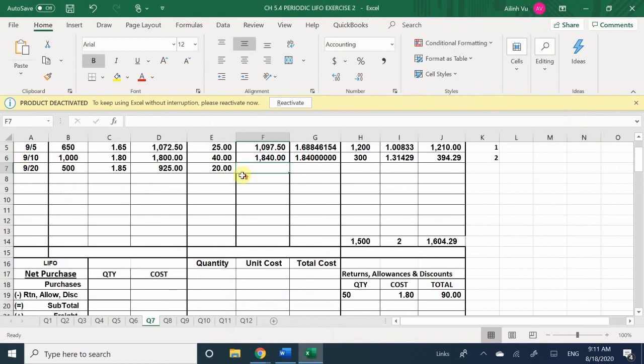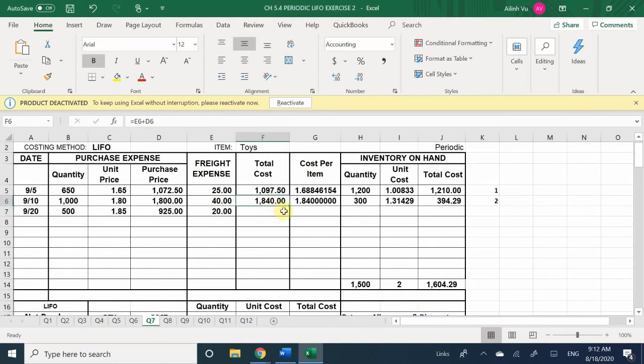So what is my total cost here? $945. And my total cost per item is $1.89 even. Wow, look at these numbers. They're so beautiful.